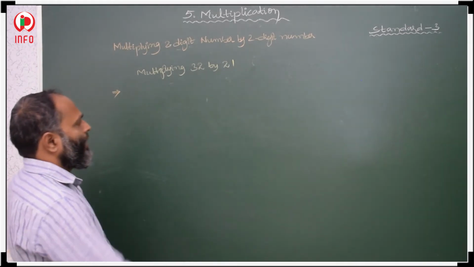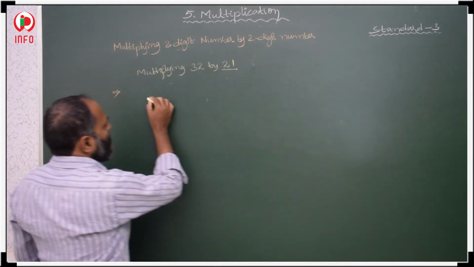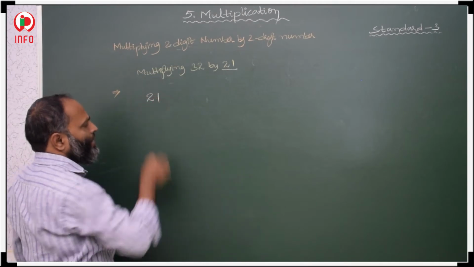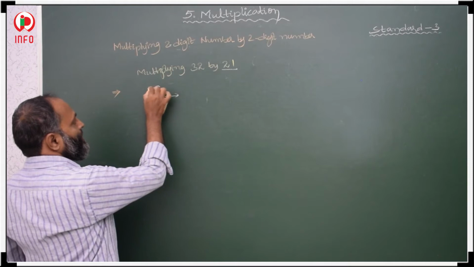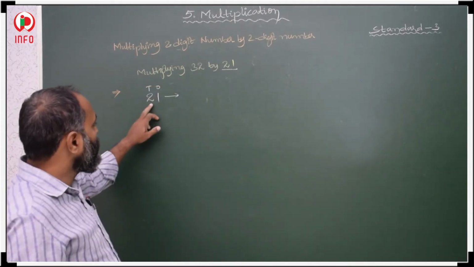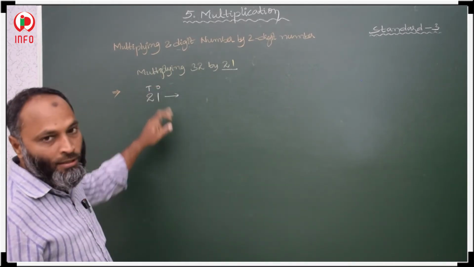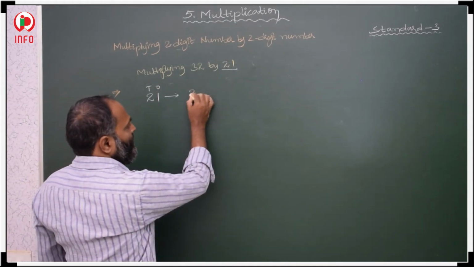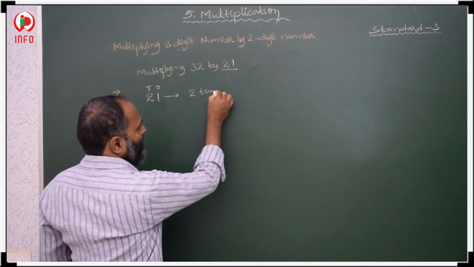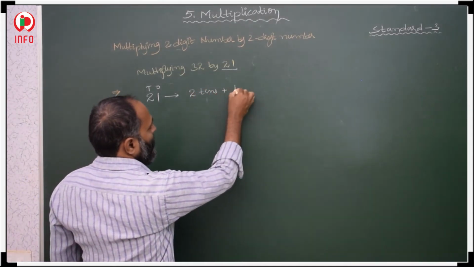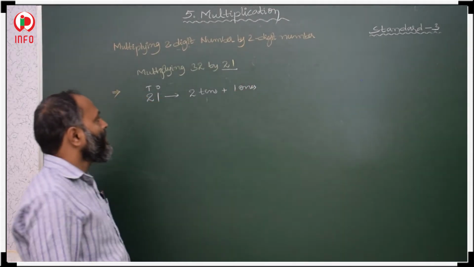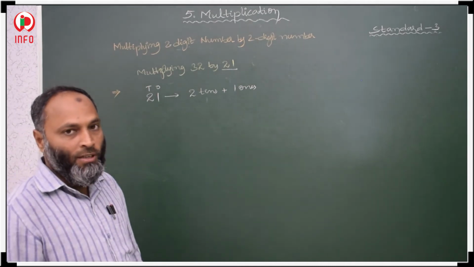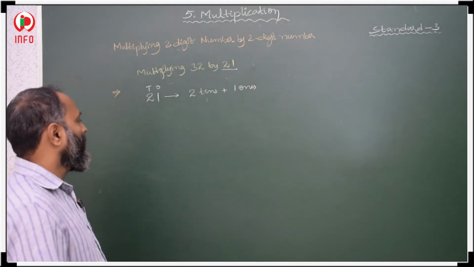First we take this 21. 21 means this is in ones place, this is in tens place. 2 tens, 1 ones. It is 2 tens plus 1 ones. That is 21.